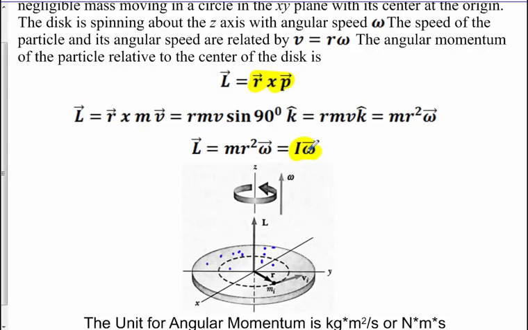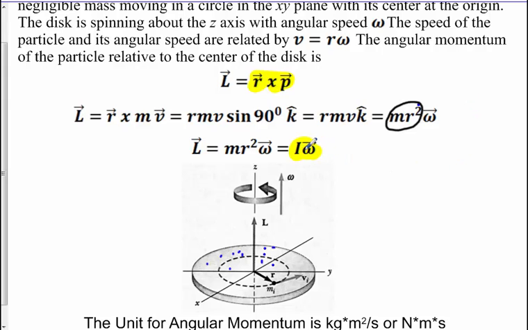Now where I got that is I know that velocity is equal to omega times r. So I've converted to omega times r and I move the r over and I get m times r squared. Now note mr squared by definition in previous lectures is going to be the moment of inertia.